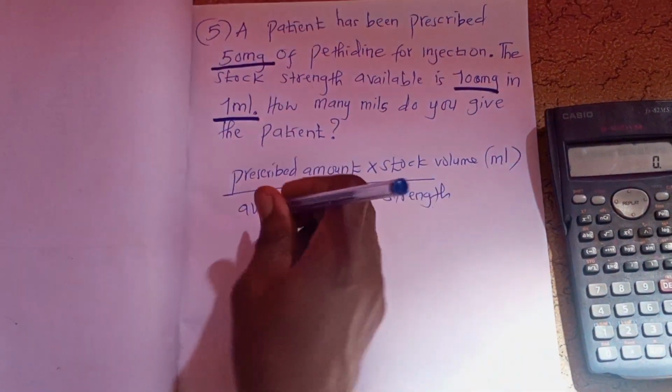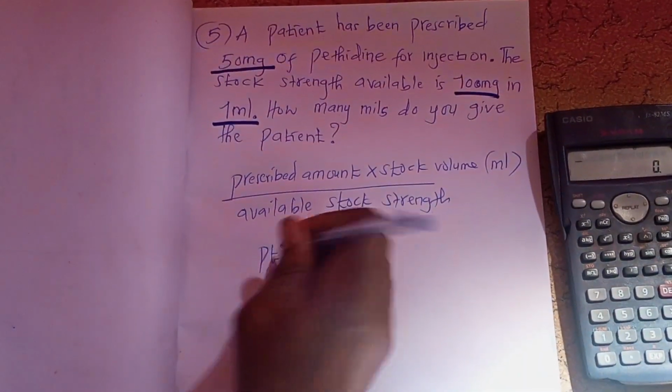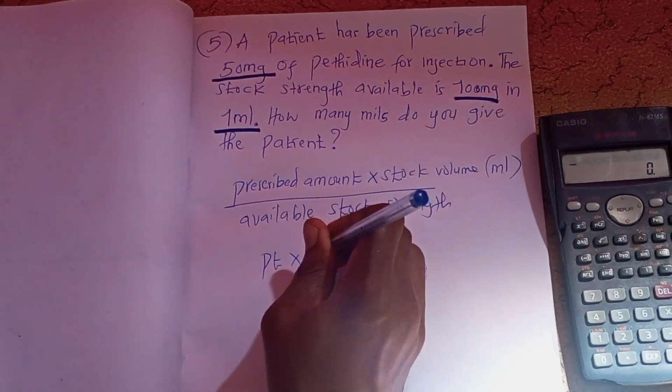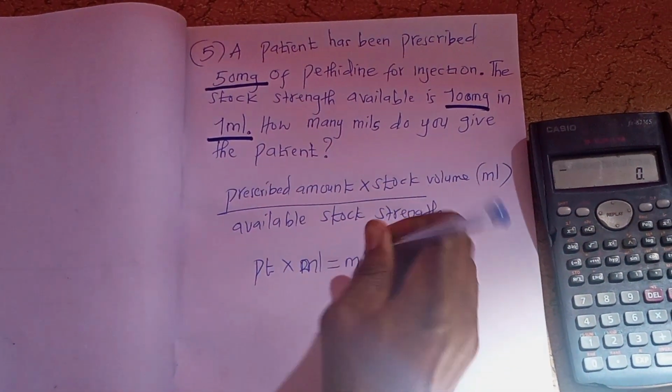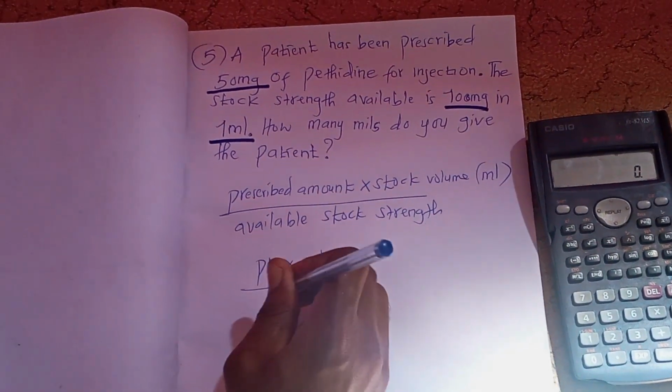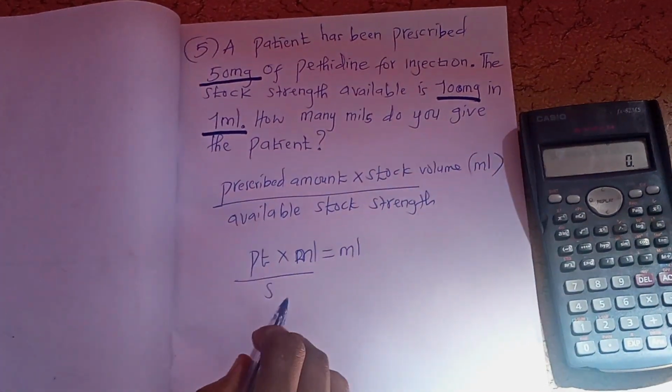This is the general formula which you are supposed to apply. In short, you can write it as prescribed amount multiplied by ml, which finally gives us ml, all over divided by available stock strength.